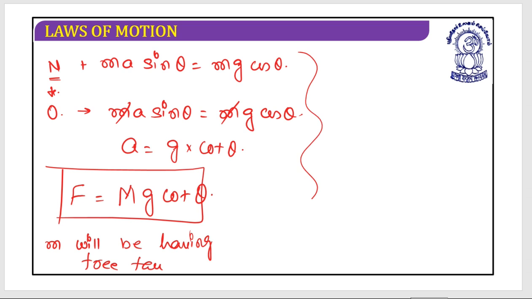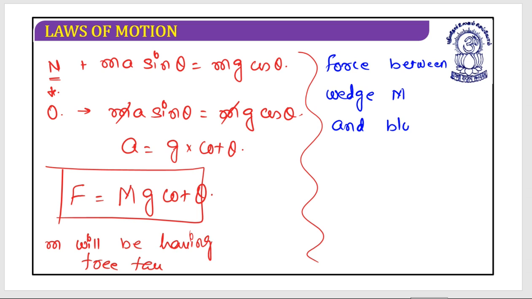And what is the force between wedge M and small block m? The force between wedge M and block m is 0, because they are not having any contact. No friction is there.